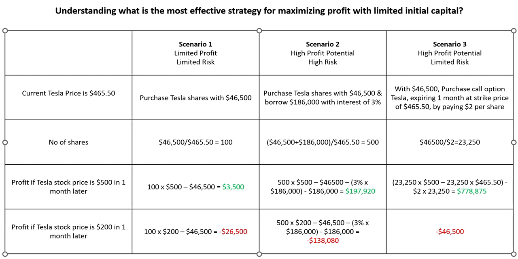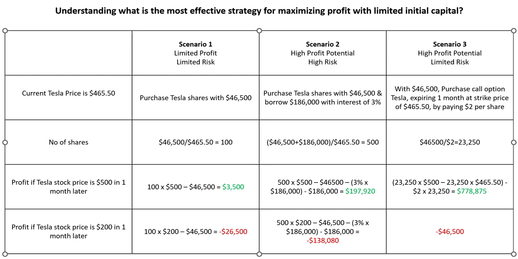So for scenario 1, which is just longing equity, it just means that if the stock goes up $35.50, you will make $35.50. Vice versa, if it goes down $35.50, you will lose $35.50. So both the profit and loss are almost the same.